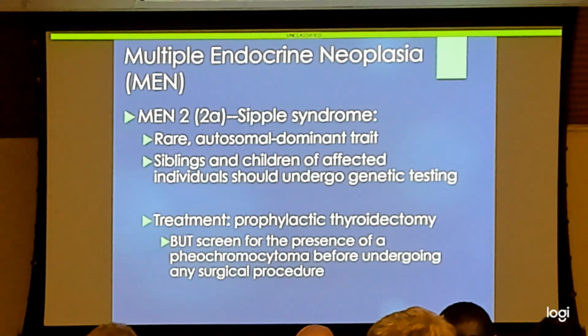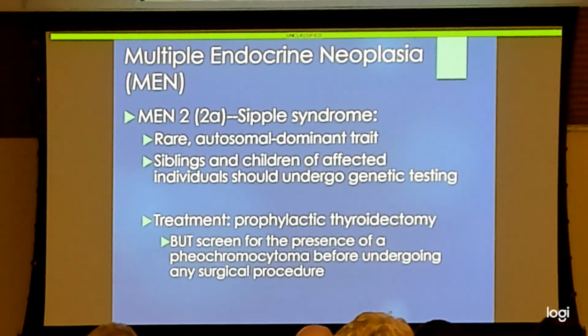So again, these guys undergo genetic testing if they know that they have this. Treatment: prophylactic thyroidectomy. Why would I do that? Why would I take my thyroid? Exactly, 90% get medullary thyroid cancer, which is the third most common type of thyroid cancer. It's often seen in MEN syndromes. So a huge thing to think about. But you have to screen for the presence of a pheo before you give them surgery to take out their thyroid.